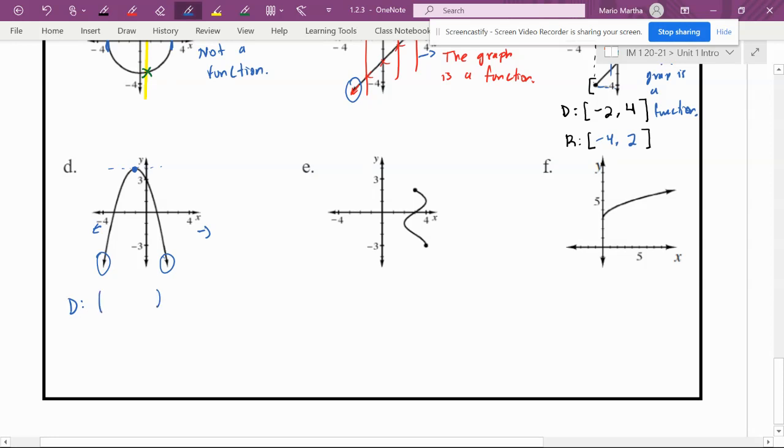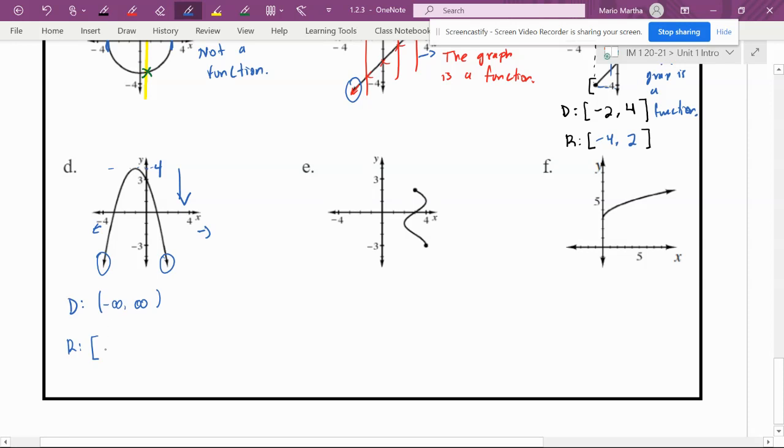So open parentheses, we're going from negative infinity to positive infinity. And then the range. So the range does have a start value. So we would use a closed bracket again because it's part of the curve. And then the highest value it goes to is positive 4, and then it goes down from that, right?